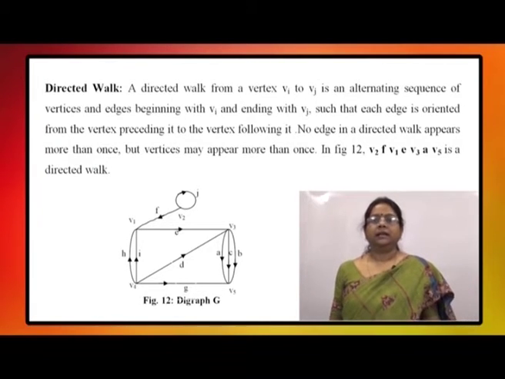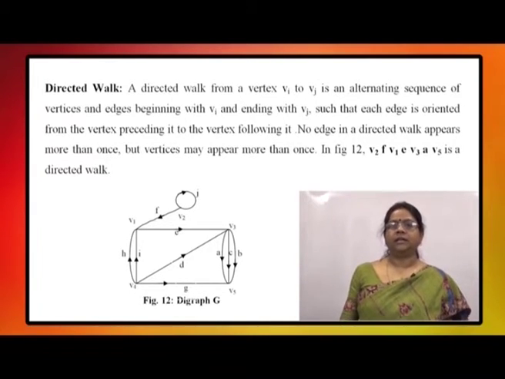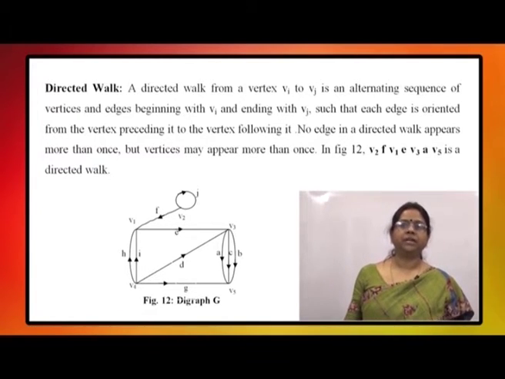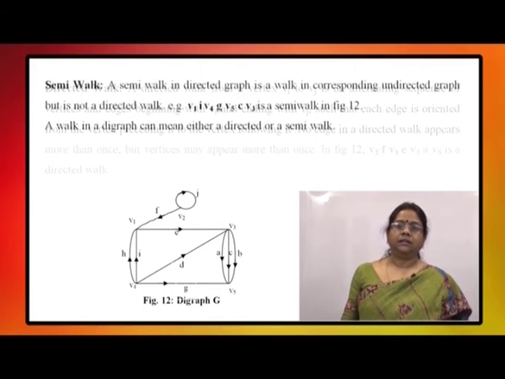And in a walk, if some edge is oriented in the opposite direction, then that will not be a directed walk. But if we ignore the directions of all the edges, then we will get the underlying graph of the digraph, in which that will be a walk.